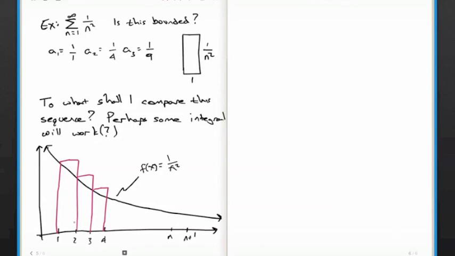So this area is like this. So I've got the sum from n equals 1 to infinity of 1 over n squared. I can compare that to this integral, except by looking at this, I realize that my integral really is here. My integral from 1 to infinity of 1 over x squared dx.